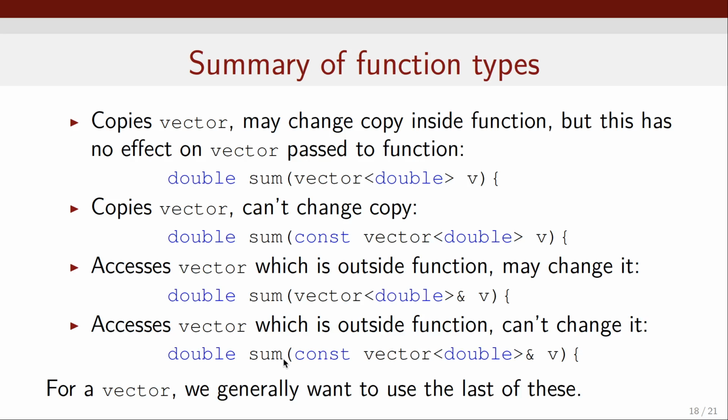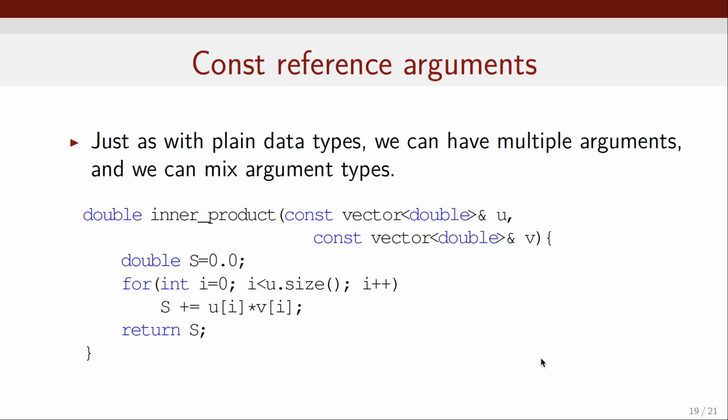And of course, in this example, we looked at having one vector as an argument. But just as with plain data types, we can have multiple arguments and we can mix argument types.